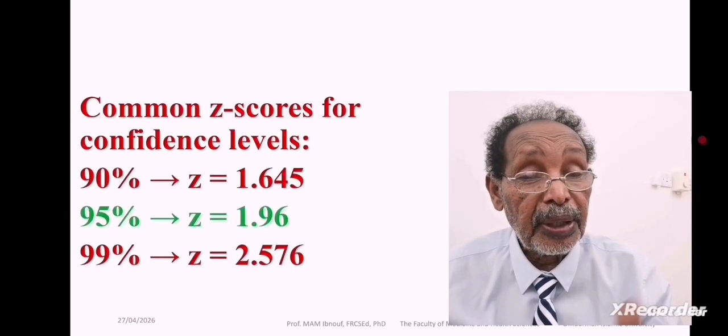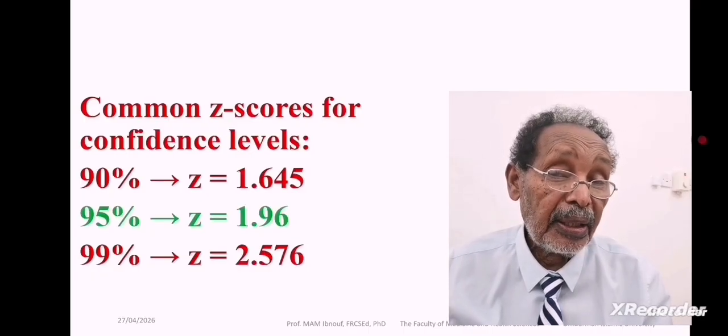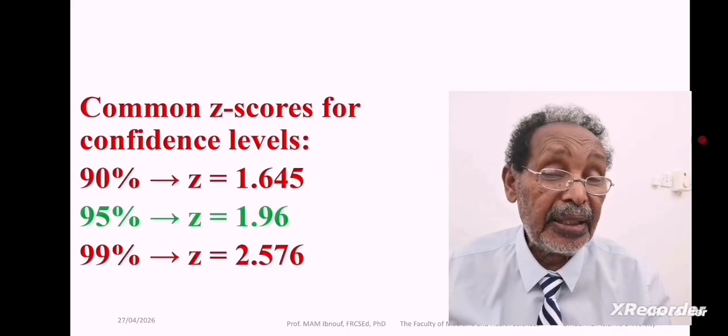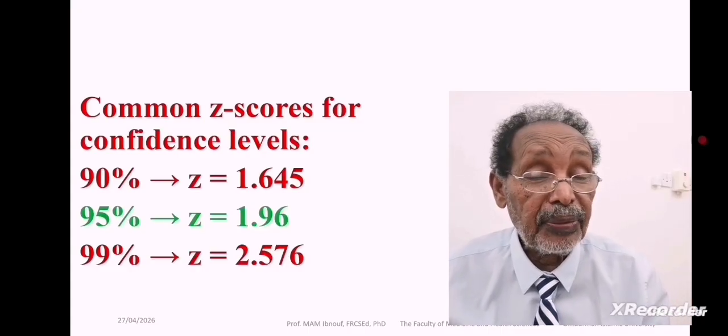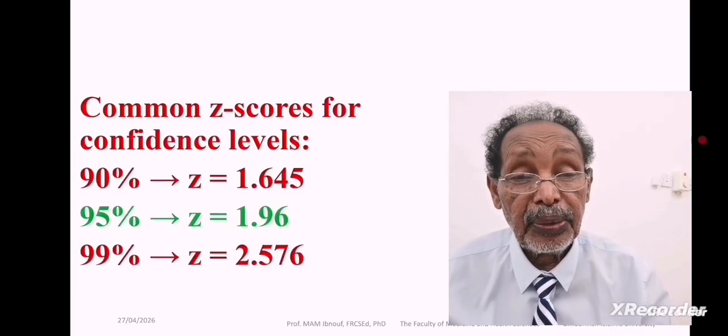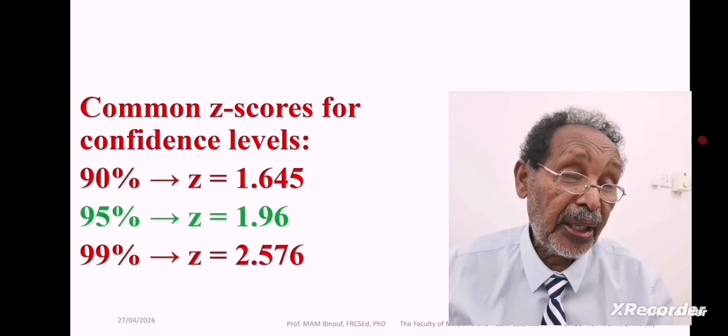It will be 2.576. If we want to use less confidence, 90%, then we use z-value, I spoke about this in the previous video, and we will use a z-value which is 1.645.